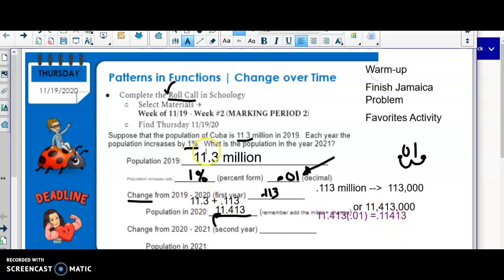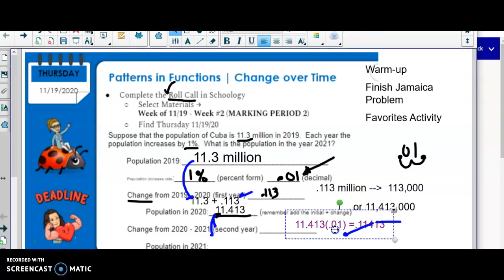Here we added the original amount, 11.3, plus our change. We're going to do the same thing here, but we add this amount plus our change right here. The change goes right here.